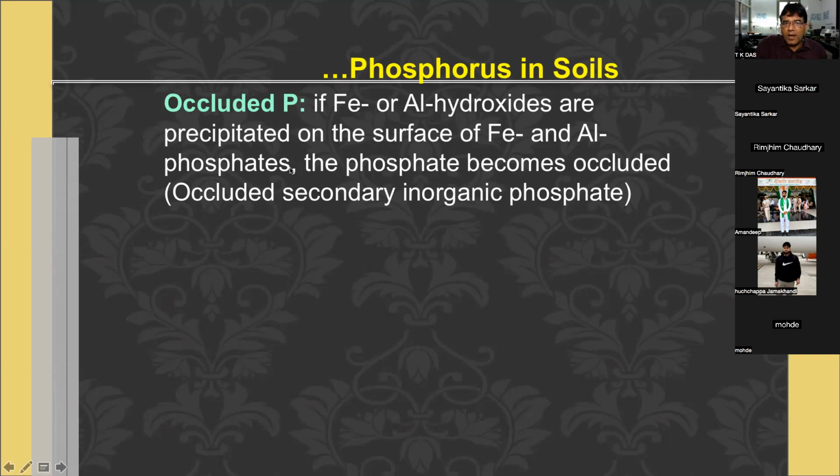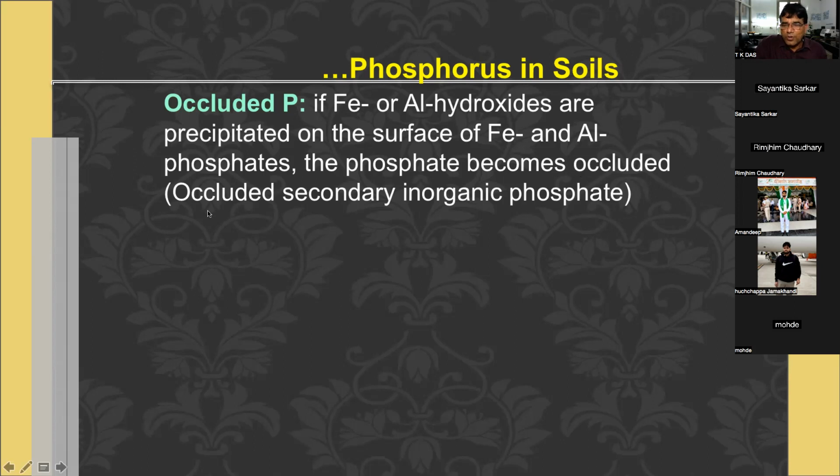And then these iron and aluminum phosphates can have iron or aluminum hydroxide deposited onto them. So it is occluded phosphorus. The phosphate becomes occluded, meaning it will be very, very slowly available.